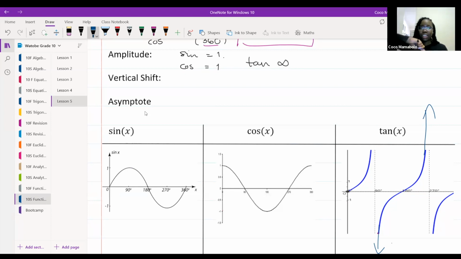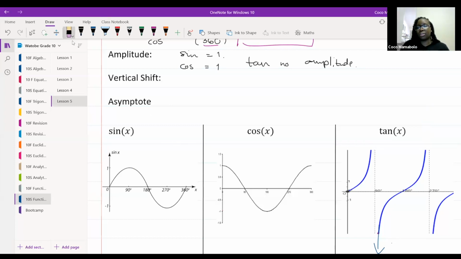It means it goes on forever, up and down. You can say that there's no amplitude because there's no point where it comes back. There's no maximum or minimum point. It just keeps going forever and ever in both directions. So there's no amplitude.